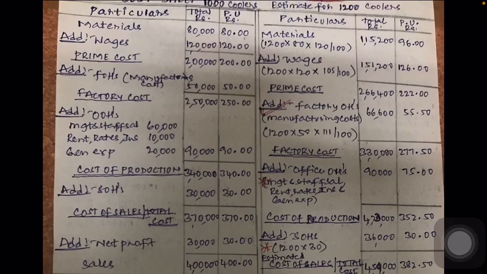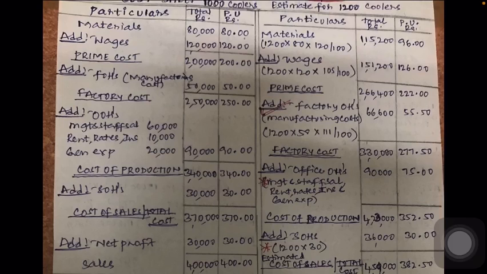Wages, 1200 into 120 is wages, per unit which we have calculated while completing the cost sheet, into increase of 5%, 105 by 100, is 1,51,200 and wages per unit 126. So prime cost, that is the combined cost of materials and wages, is 2,66,400 total, 222 per unit.